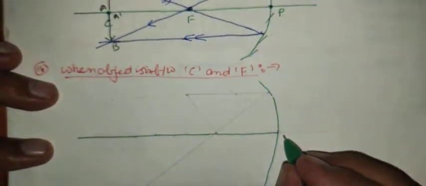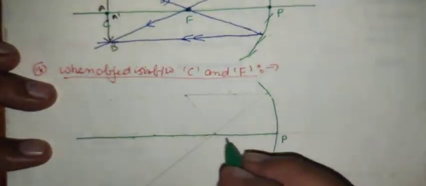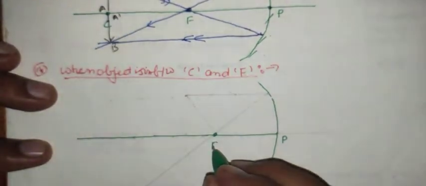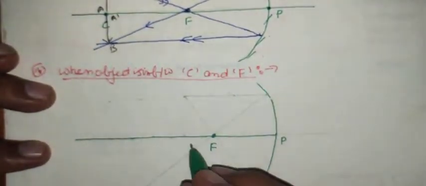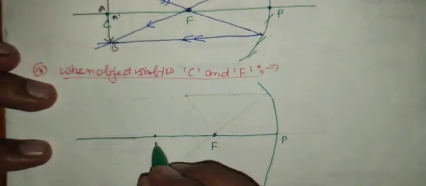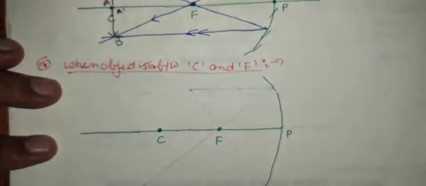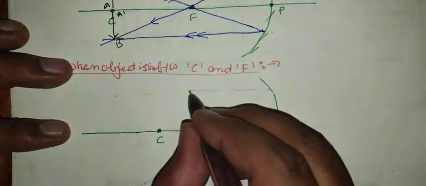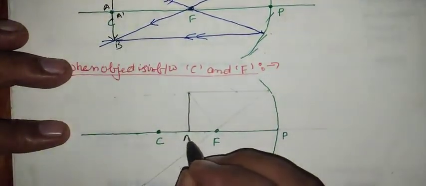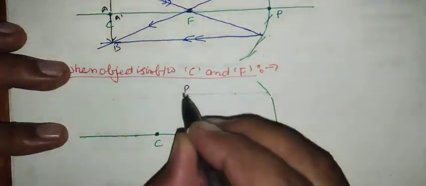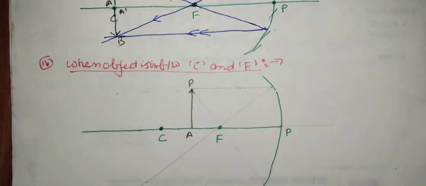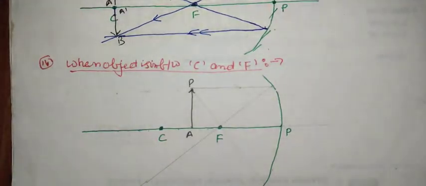Consider the position P, pole, focal point and center of curvature C. We will take an object A and B in between C and F. See how the ray diagram will form and where the position of the image will be.